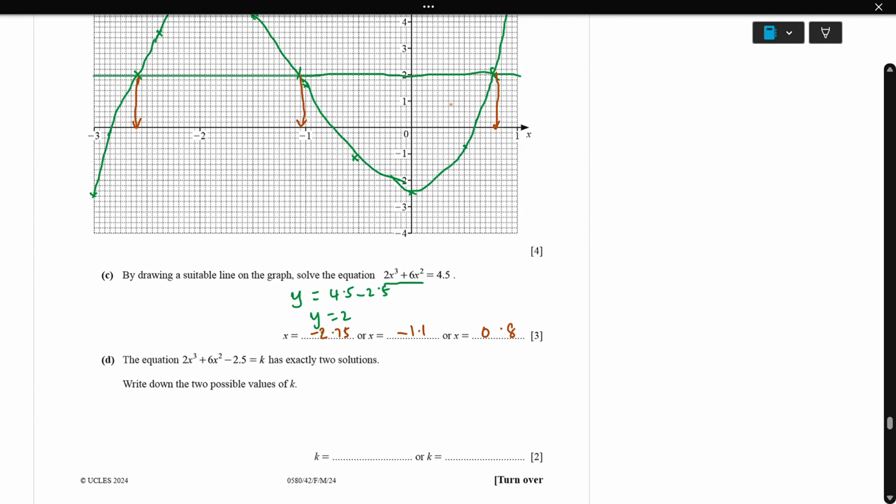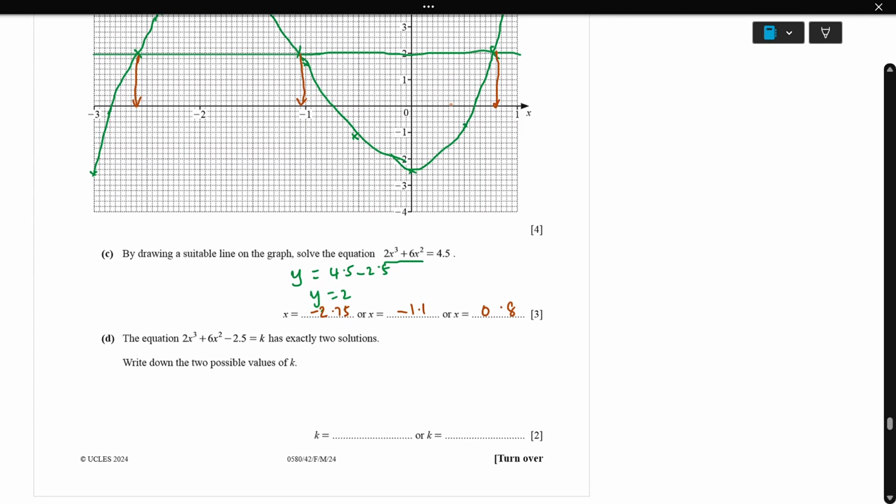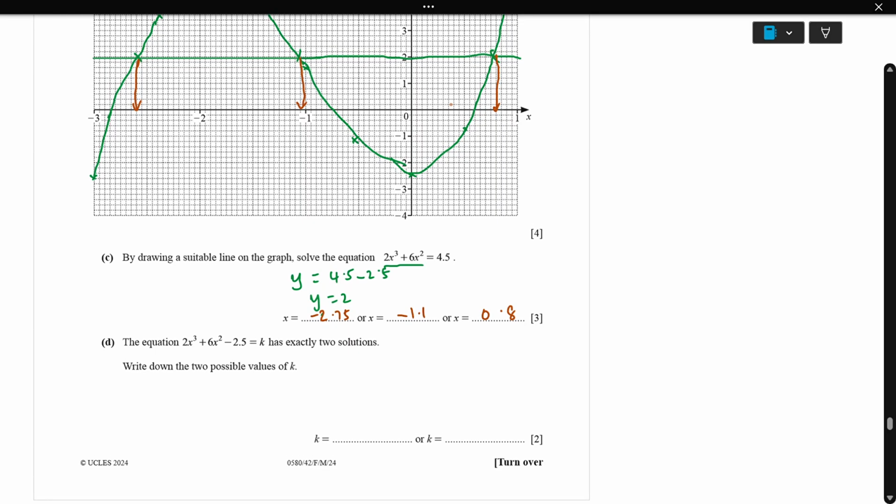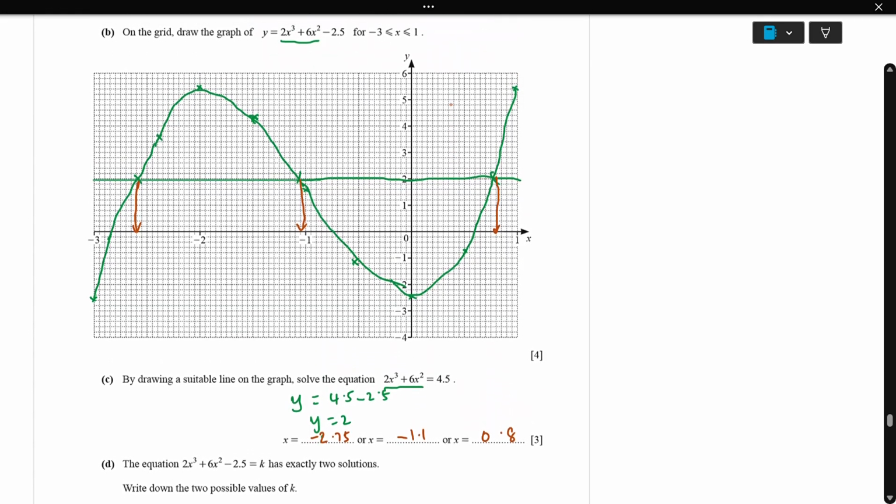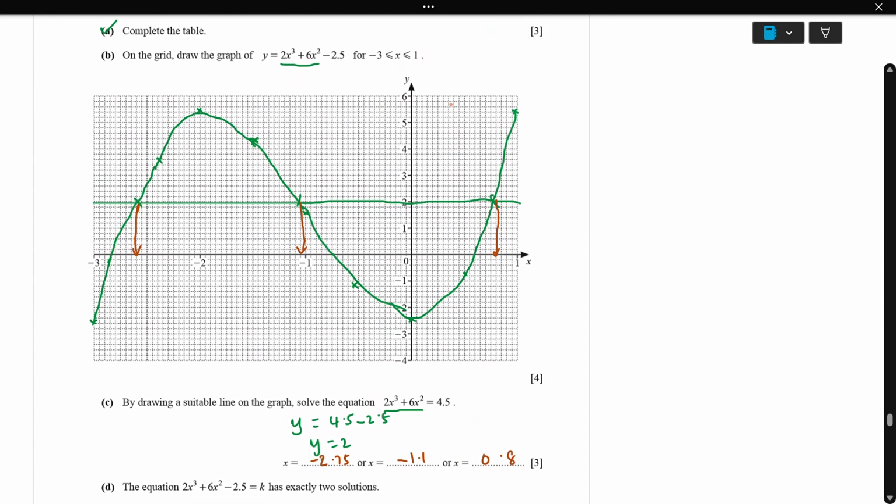Next, the equation 2x cubed plus 6x squared minus 2.5 equals k has exactly two solutions. Write down two possible values of k, equal to y. So we need to find the y values. When we drew y equals 2, there were three values because the line intersects the graph three times.